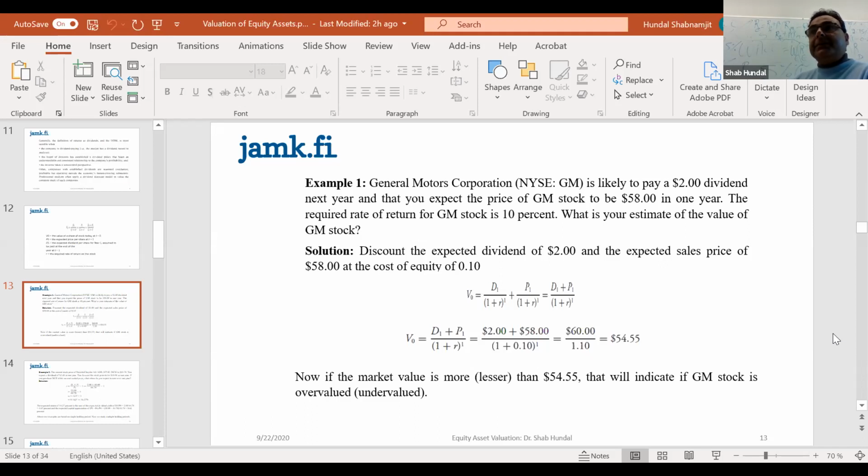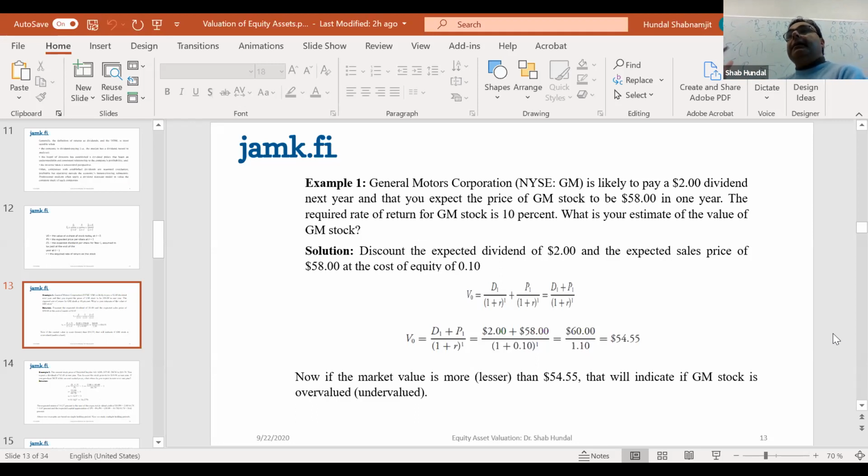Make sense? It means you will have 2 cash flows, the $2 dividend plus 58, and then you discount them. So this becomes dividend in time 1, plus price in time 1, divided by 1 plus the rate of discount to the power of 1, and this V0 will give you the present value.